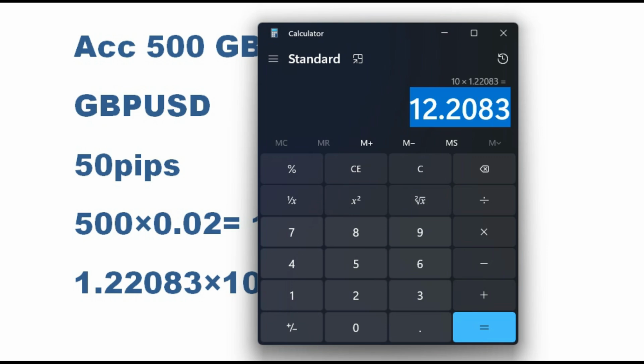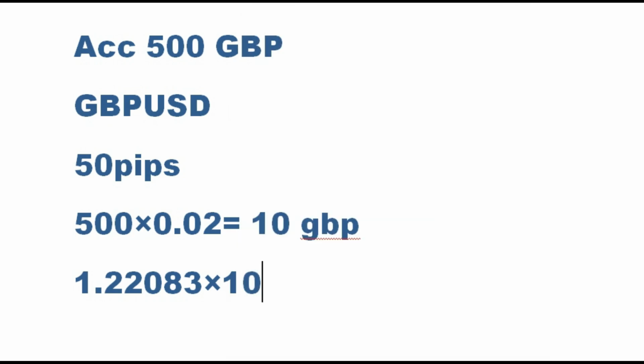Now we are getting 12.2083. This value here is how much you get if you exchange 10 pounds into dollars.